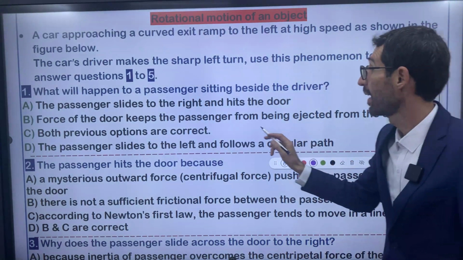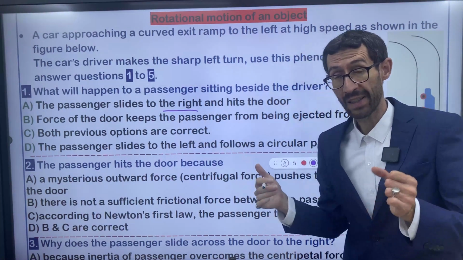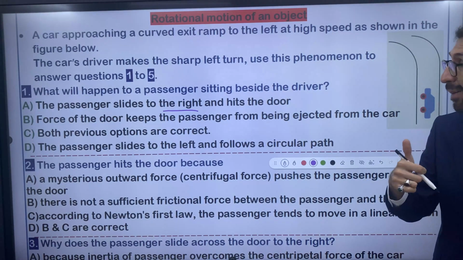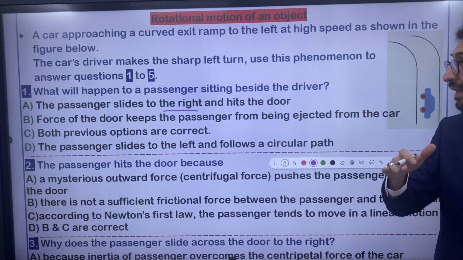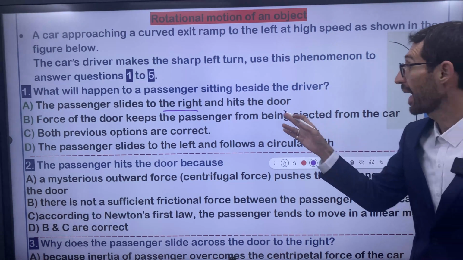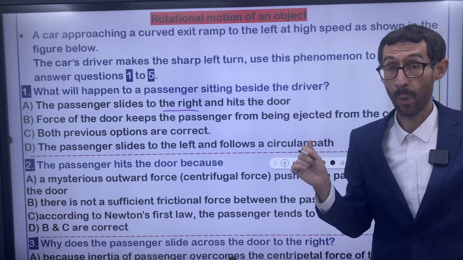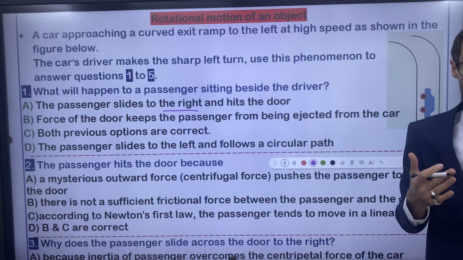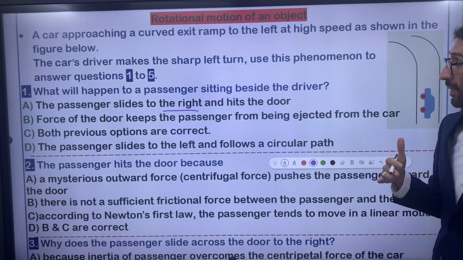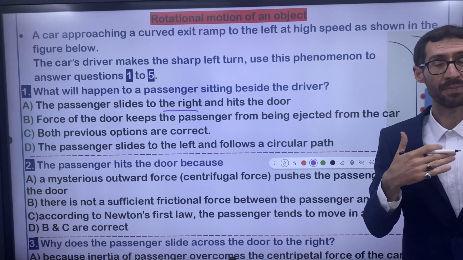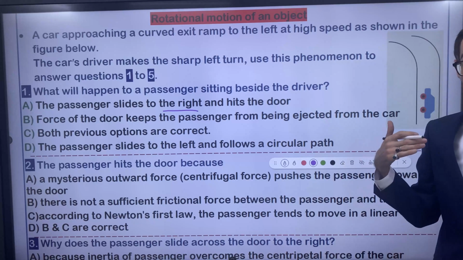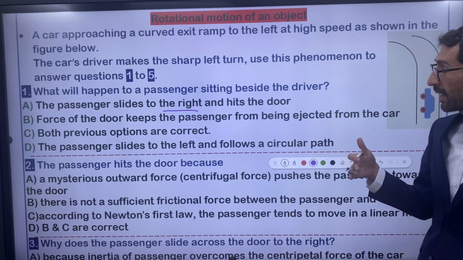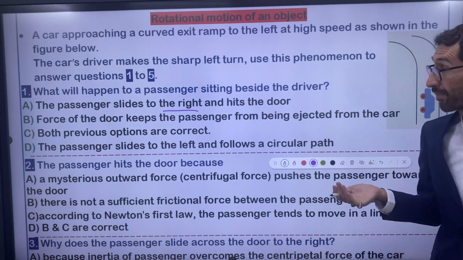You see, the car turns to the left, but the passenger within the car slides to the right and hits the door. Wow. Maybe the person does not wear the seatbelt. That's why he or she slides across the seat and hits the door.